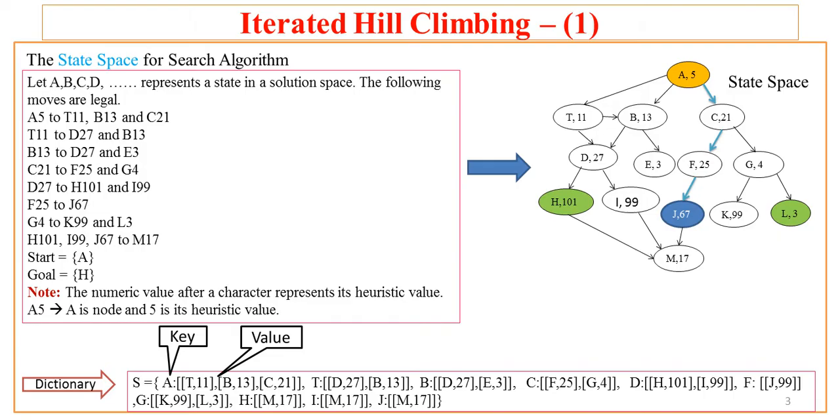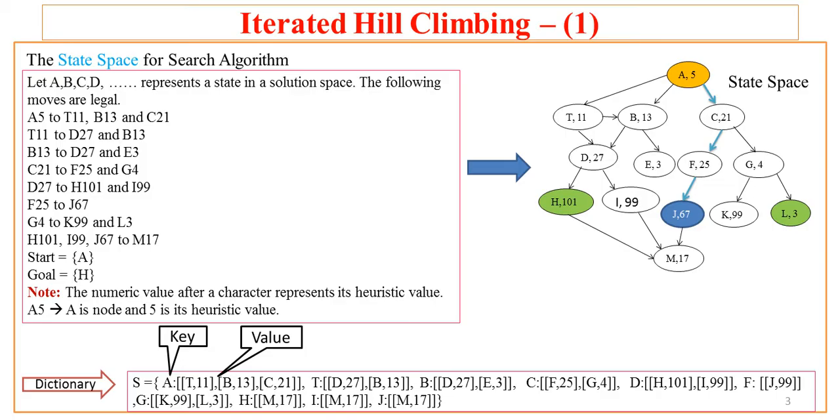Let us now see the state space representation of the given problem which is used in the search algorithm. Now the given problem is that we are having the set of nodes A, B, C, D and so on represented in a state that is in the solution space, and there are certain legal moves from one node to another node.